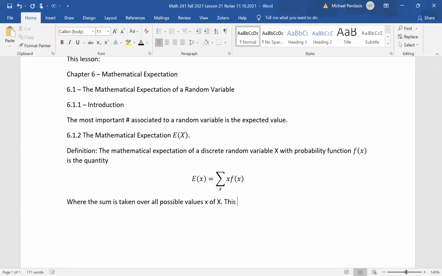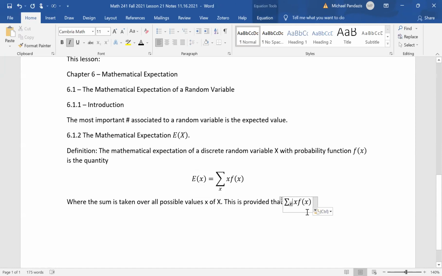This is provided that this sum, still over all possible values of x, except with the absolute value of x here, converges.